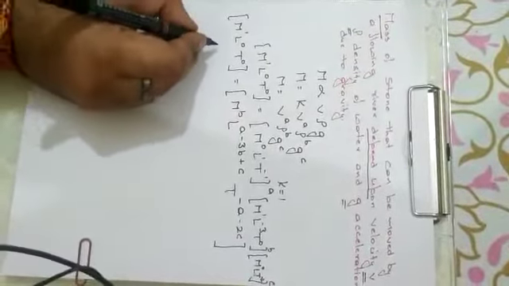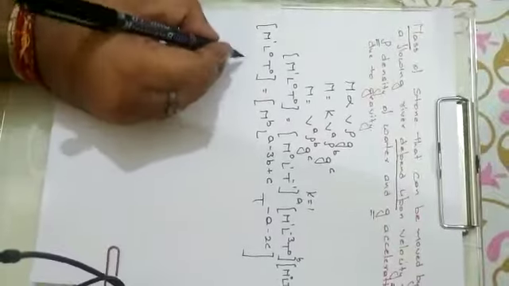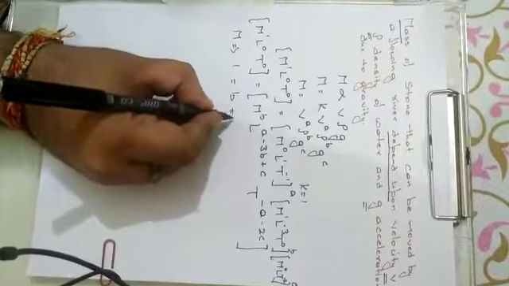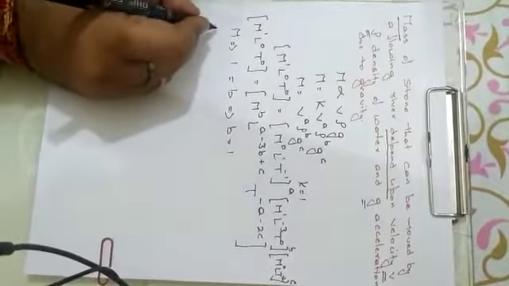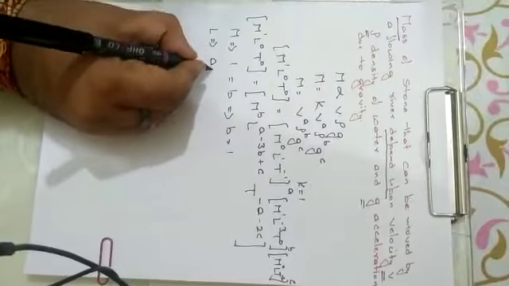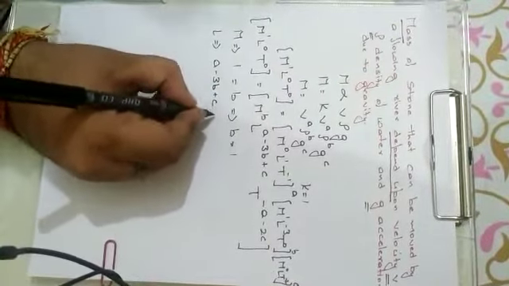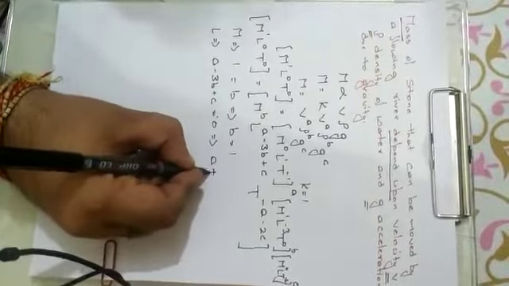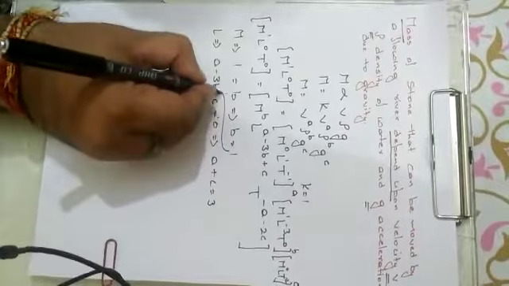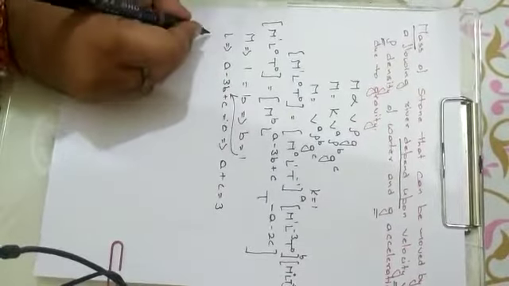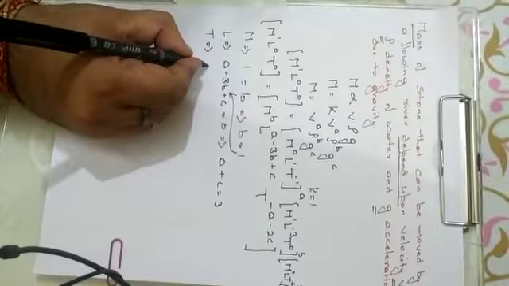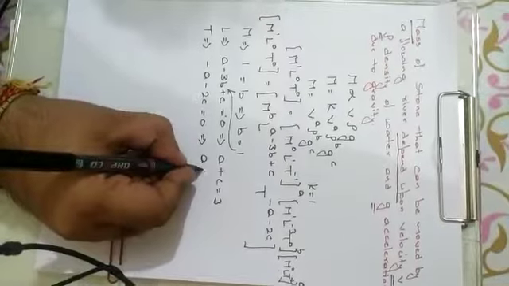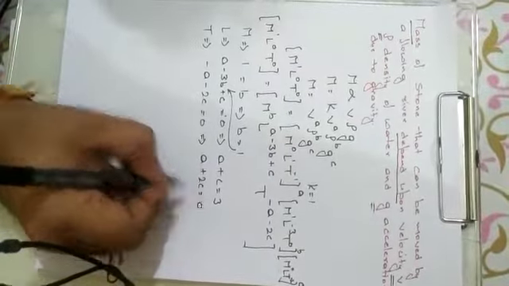Now next step, equating the powers. So first, power of M: 1 equals b, so the value of b is 1. Then for length, a minus 3b plus c equal to 0, or a plus c is equal to 3, as we put the value of b over here. And for T it is minus a minus 2c equal to 0, or a plus 2c is equal to 0.